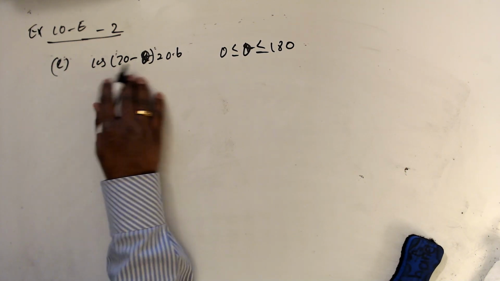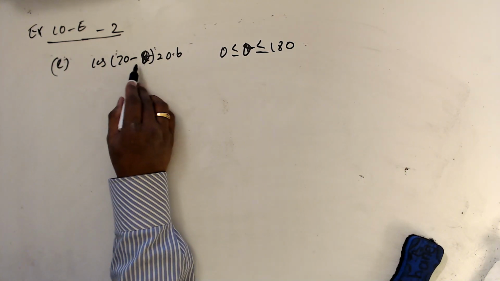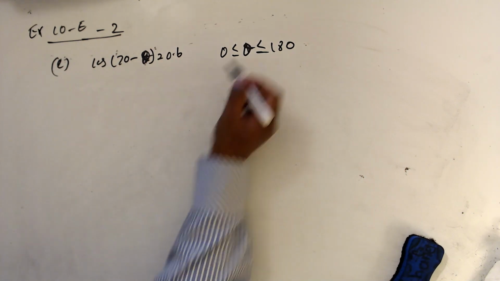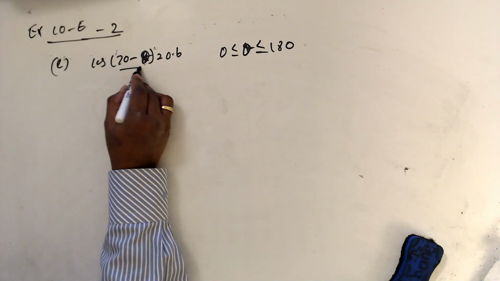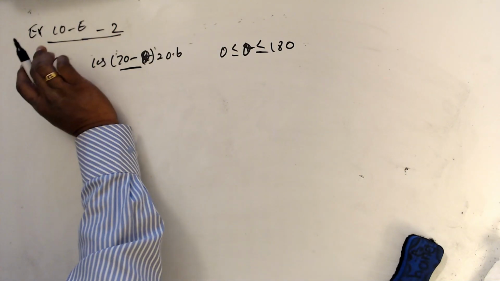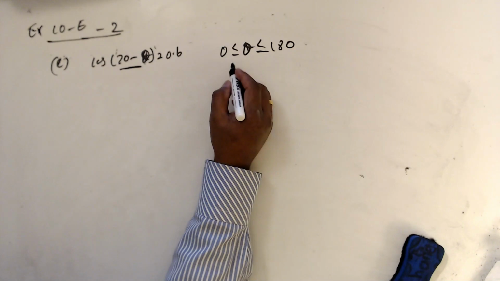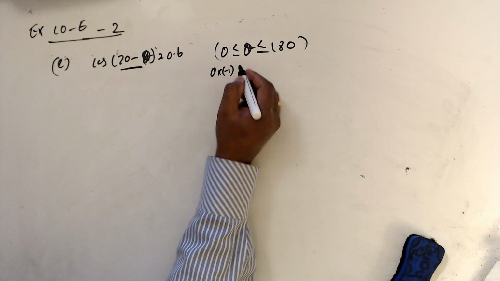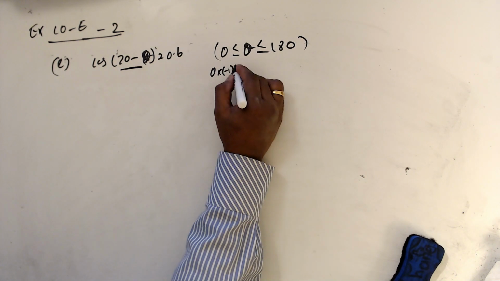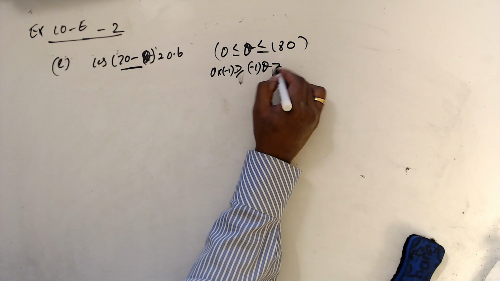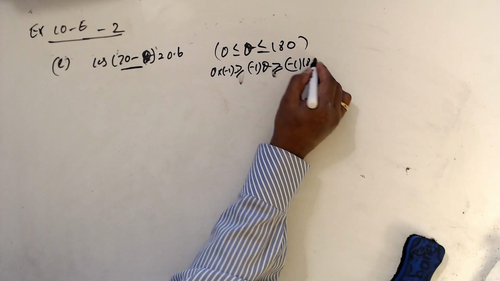In the book it says x instead of theta. I changed it to theta, so we'll work with theta. So this is 70 minus theta. I want to make this one. First of all minus 70, then I have to add 70. Then I'll multiply by minus 1, so the inequality will change. Minus 1 times theta, then minus 1 times 180.